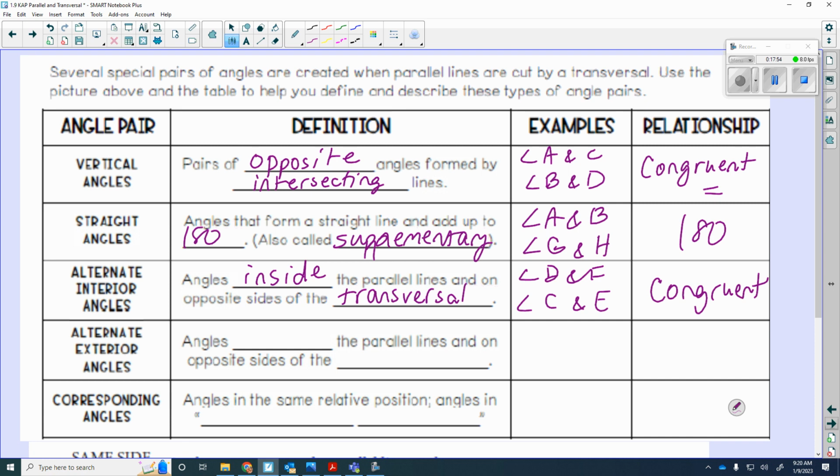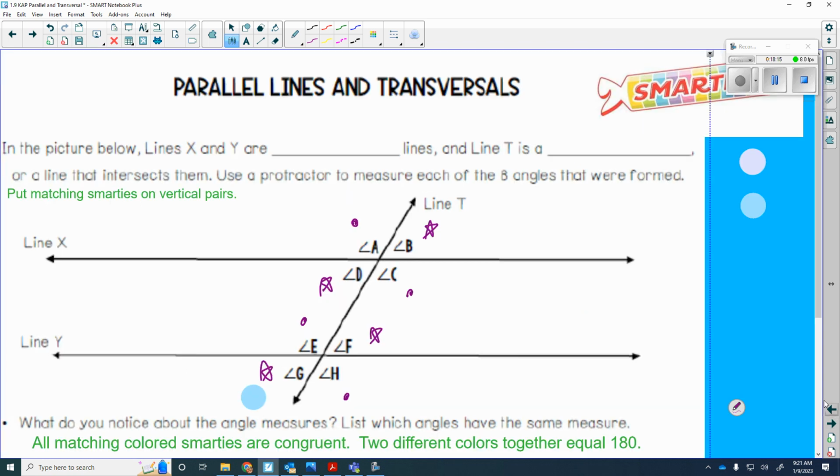Thank you. Okay, now let's look at alternate exterior. Well, where would they be? On the outside of the parallel lines and on opposite sides of the transversal. Alternate exterior, let's look. So we're talking out here and on opposite sides.